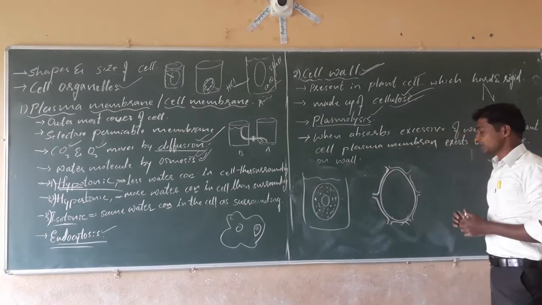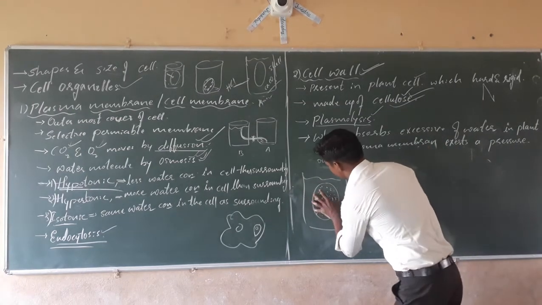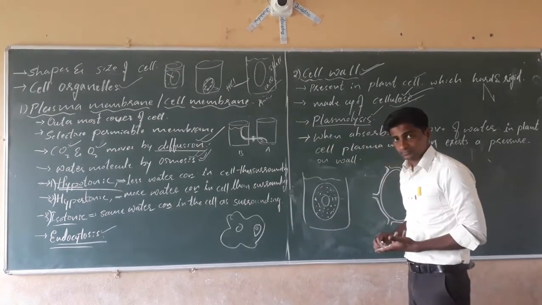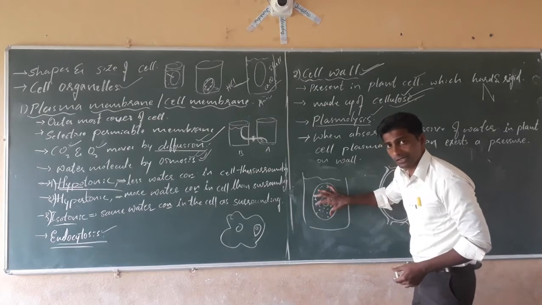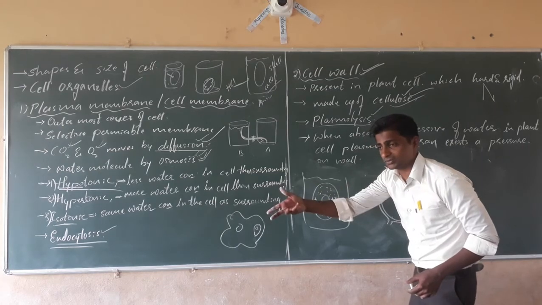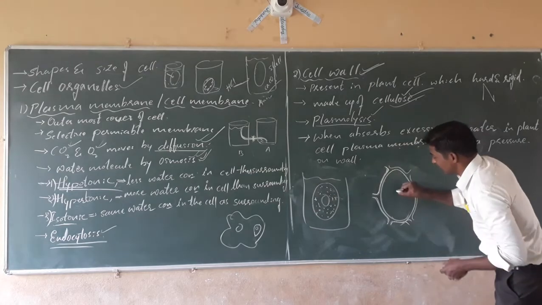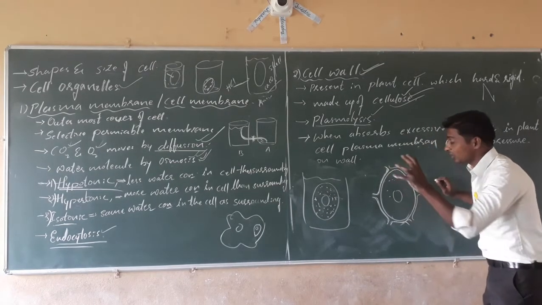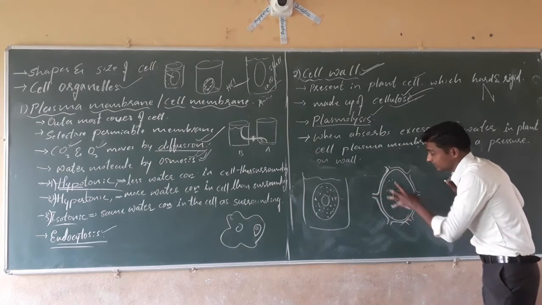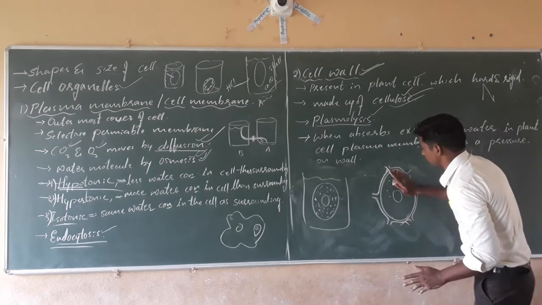Next, dear students, come back to the previous concept: the shrinkage of the cell occurs due to the loss of water. When a cell loses water into the surrounding, the cell will shrink. Likewise, when a plant cell loses water into the surrounding, the protoplasm will shrink.